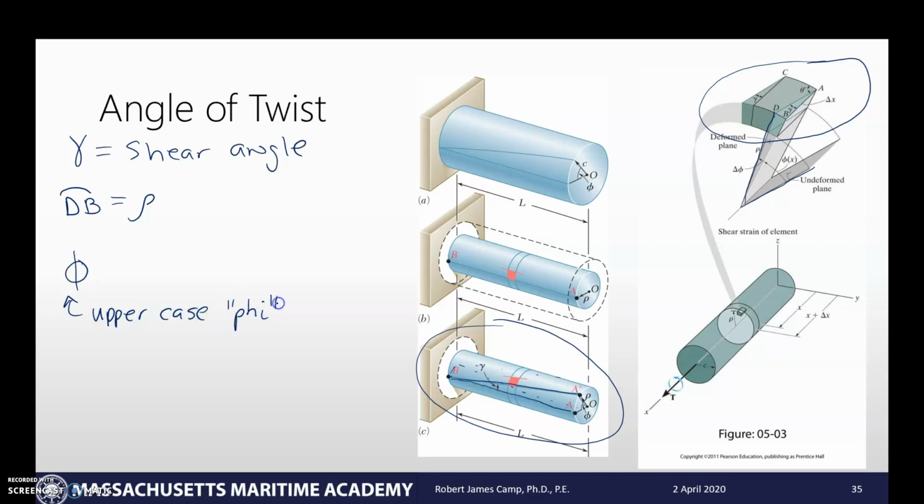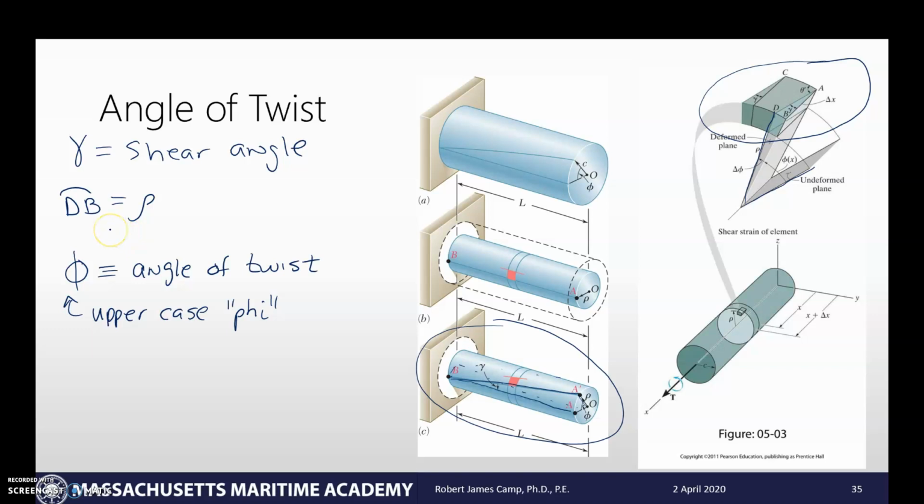Uppercase phi is what we're going to call the angle of twist. The angle of twist is the angular dimension at the end of our shaft. Now we can do this at any cross section, because as we've talked about before, this is going to change as a function of x. So the shorter you are, the smaller the angle of twist, and the longer you go along the shaft, the more angle of twist you get.